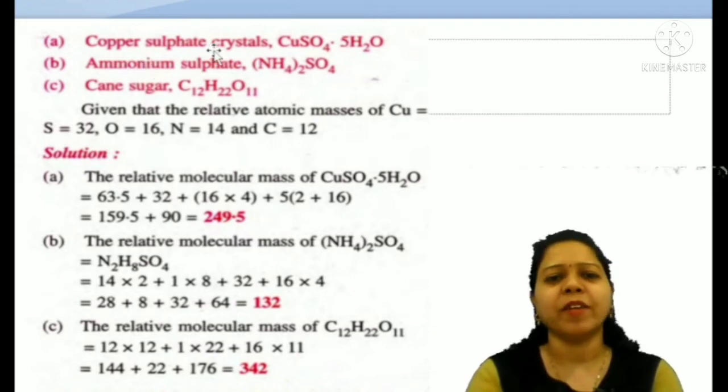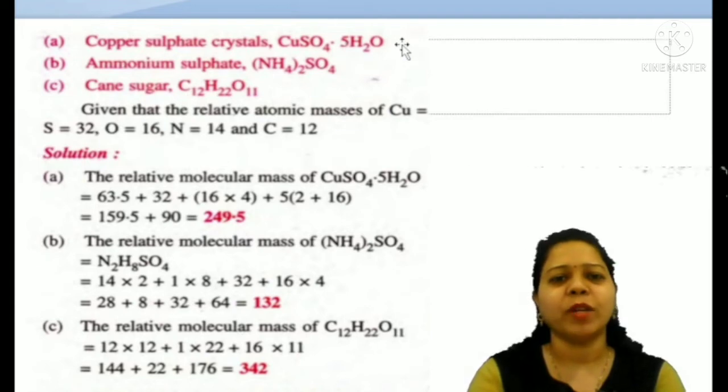First, a copper sulfate crystal. Its molecular formula is CuSO4·5H2O. Now we'll see how to calculate its relative molecular mass. The masses of copper, sulfur, oxygen and so on are given. How many coppers are there?